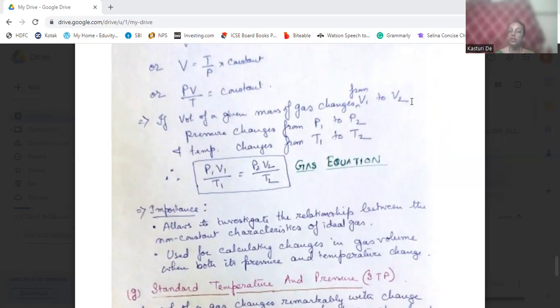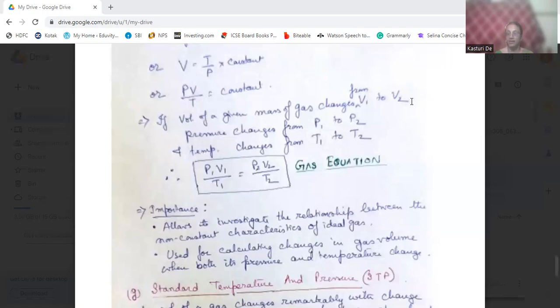These are used for calculating the changes in the gas volume when both pressure and temperature change. When temperature and pressure change, how much the volume of the gas changes can also be calculated by this gas equation.